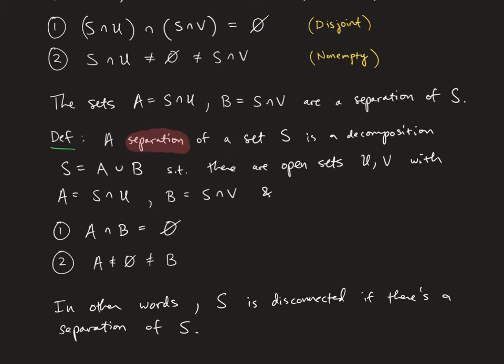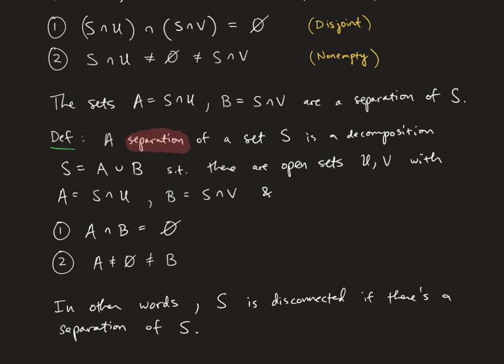So the O in Don is for open. These A and B come from intersecting the set with open sets. They are disjoint, that's the D, that's this first condition here, and they are non-empty. Okay, so they're not the empty set.